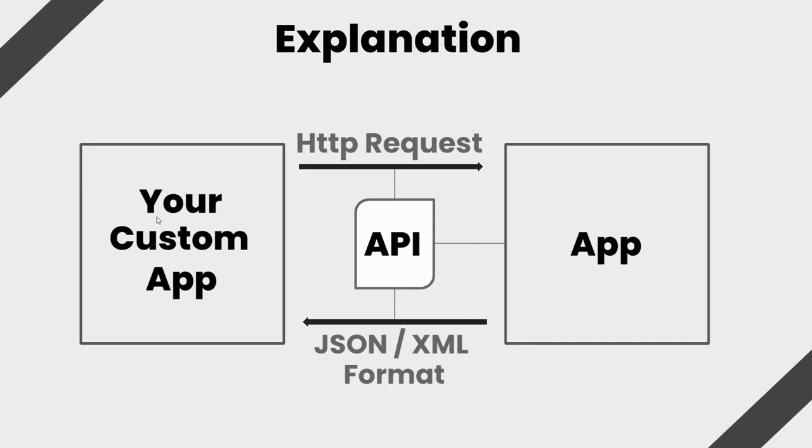Now, in order to do that, this Google Map we have on the right side here is going to have what is called an API. So this means that an API here is going to be attached to this Google Map we want to make use of. This API here is like a doorway, an entrance.